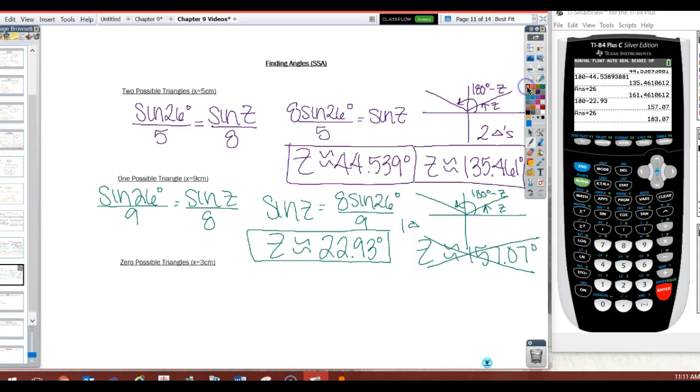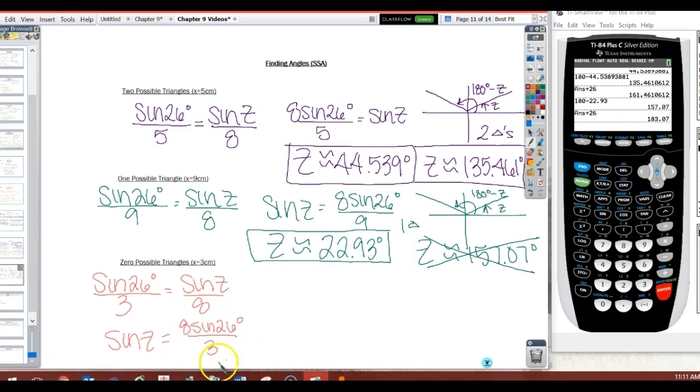The last one, same idea. Sine of 26 degrees over the side that we know, 3, will equal the sine of angle z over 8. We'll get the sine of z by itself, which will be 8 sine of 26 over 3.